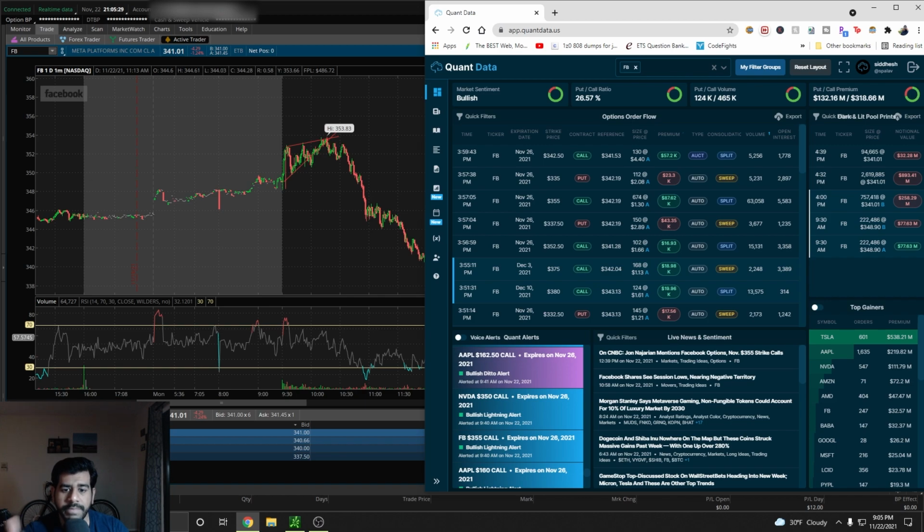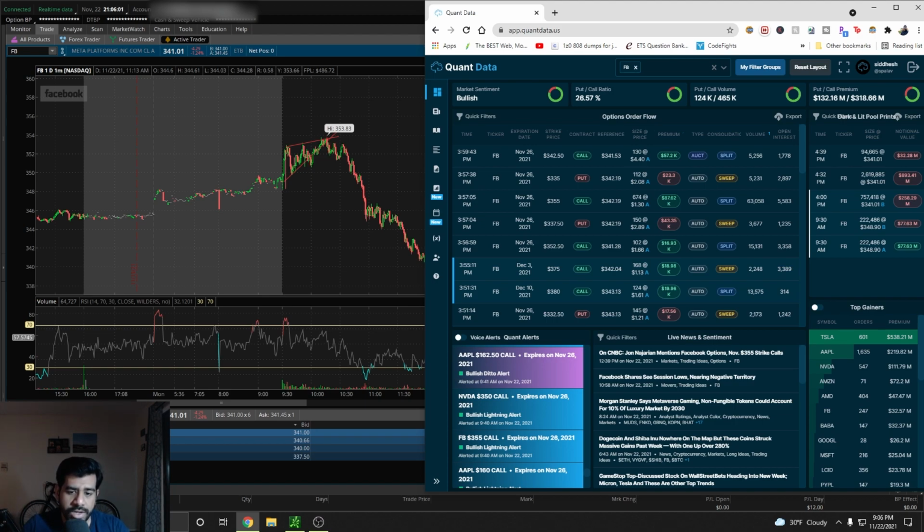Sometimes you get an alert on Quant Data and you can see that the stock started coming down. Sometimes it goes quickly in favor of the alert, but more often than not, it is better to check the price action of that stock at that moment before taking a trade.